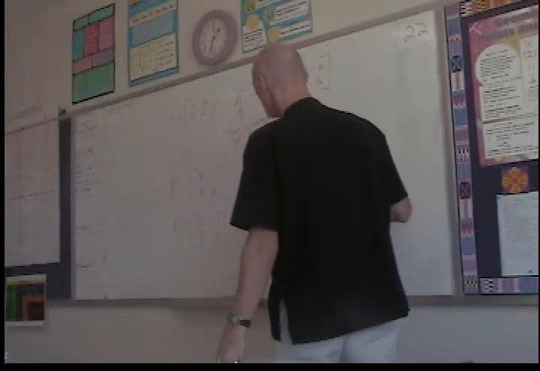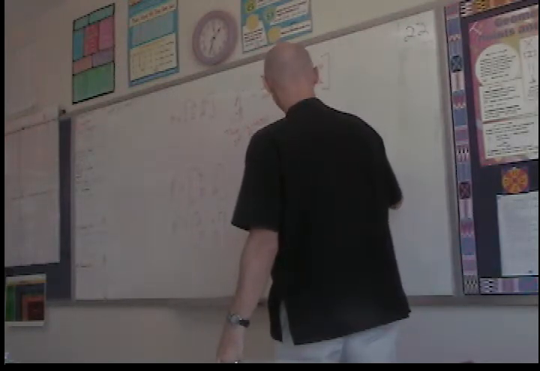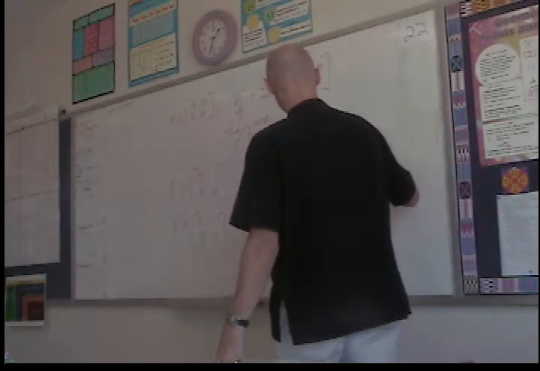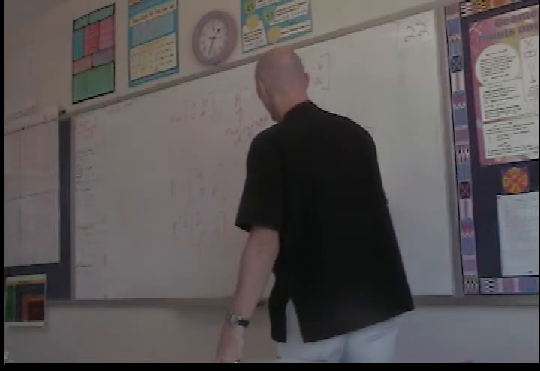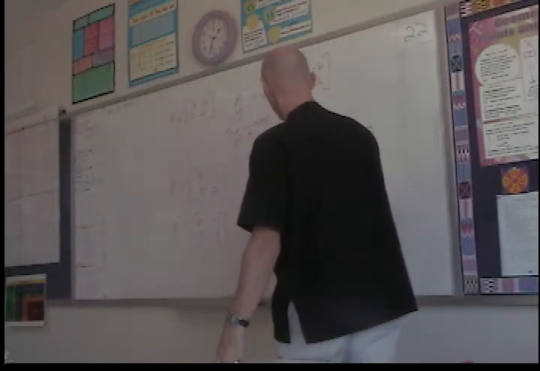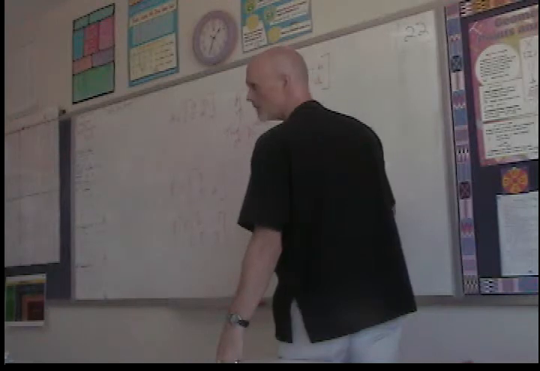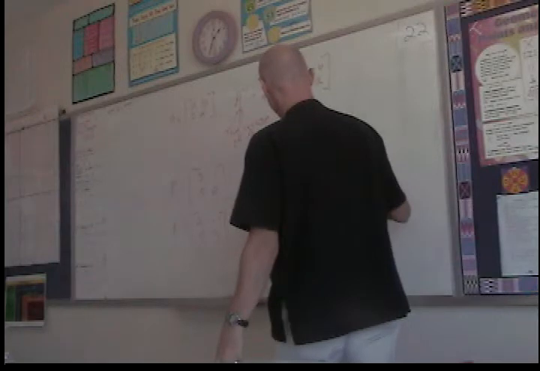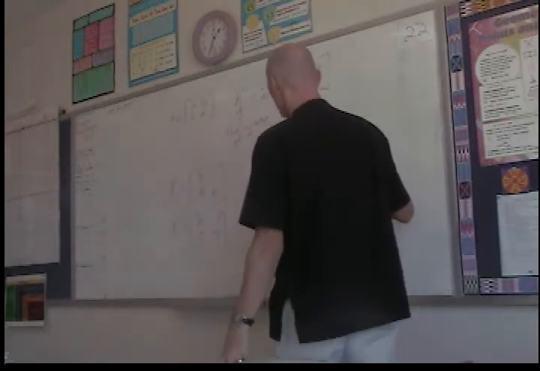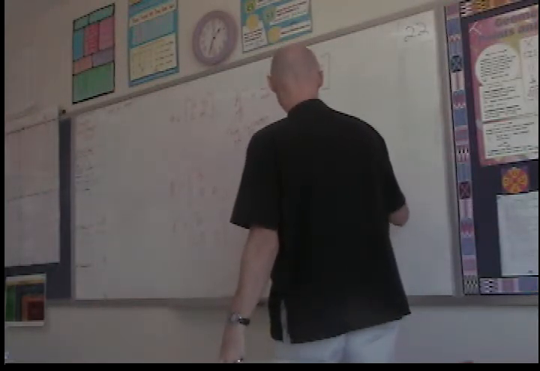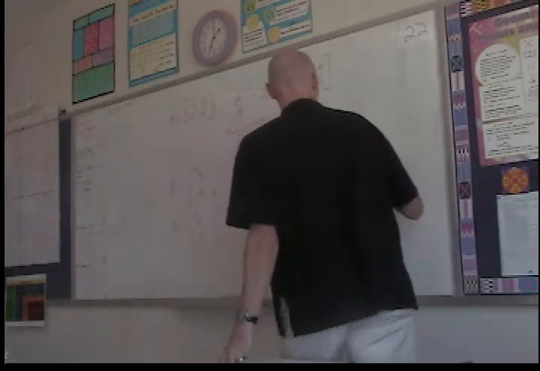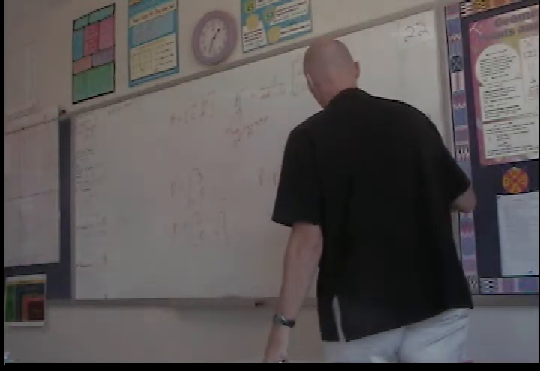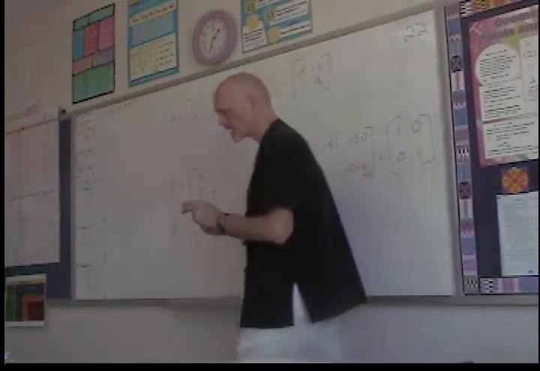So now it's negative 3 plus 3. There you go. Okay, down here. 10, so that's negative 10. And then negative 5 plus 6. Okay, so we know we did it correctly.